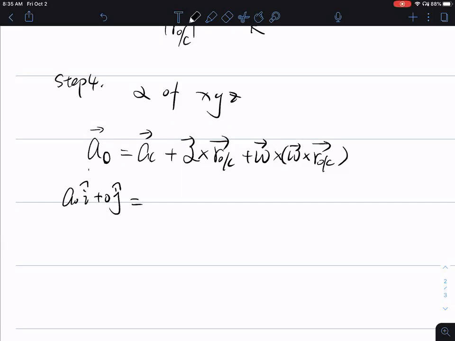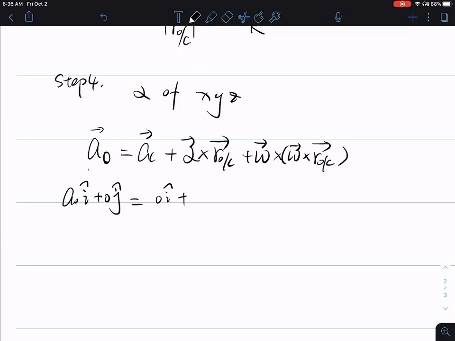So A_C, what is A_C? Acceleration at point C. Point C is our instant center for this disk. What's the acceleration for that instant center? That's special case number 1. At the instant center, there is 0 acceleration in the i direction, but there is something in the Y direction, on j.